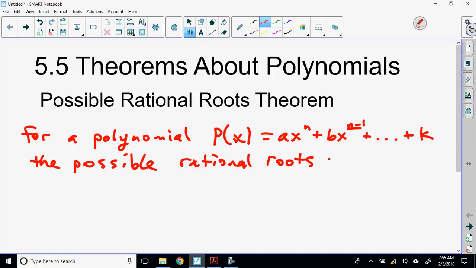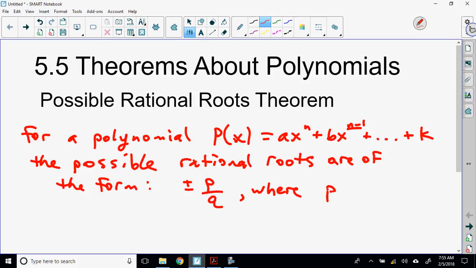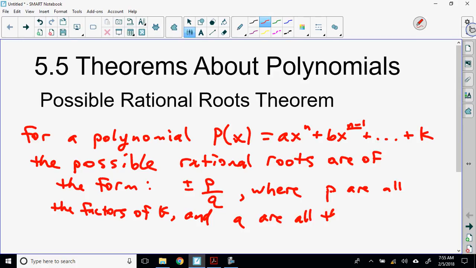The possible rational roots are of the form plus or minus p over q, where p are all the factors of k, and q are all the factors of a.